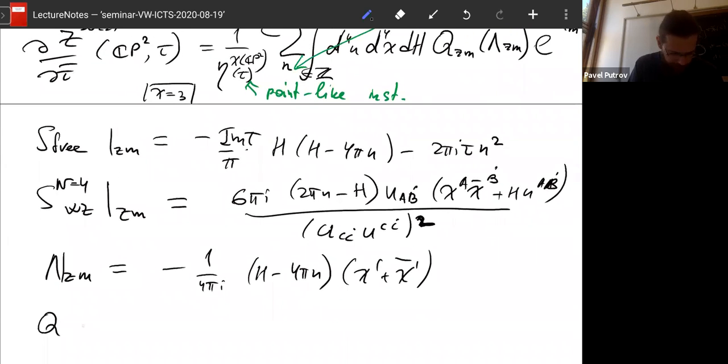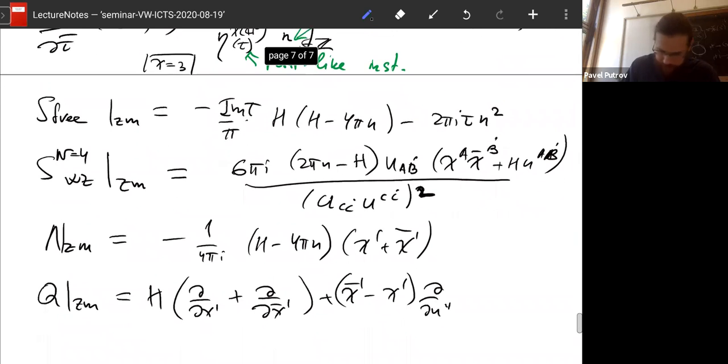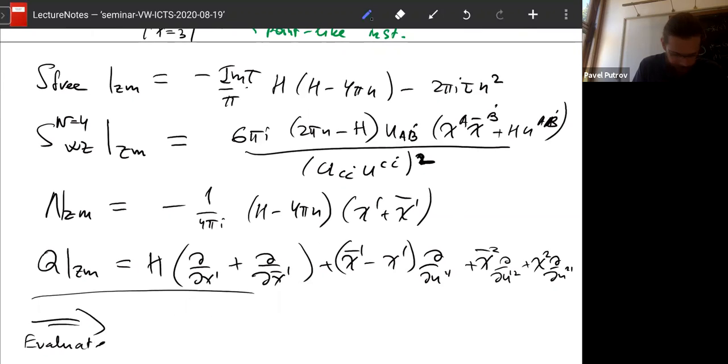And Q, well, Q restricted to zero modes becomes just a derivation in a finite dimensional space. And so we can use this expression and just evaluate.